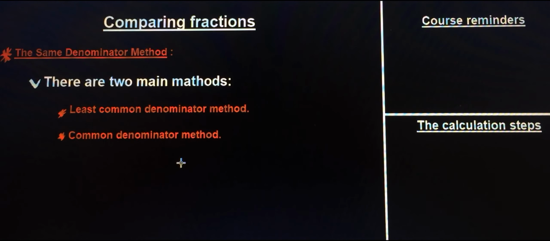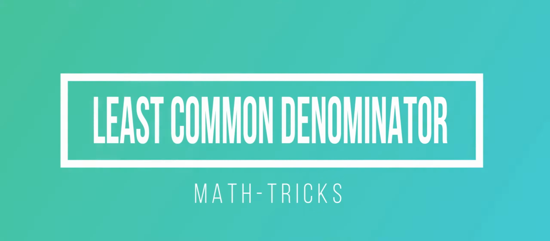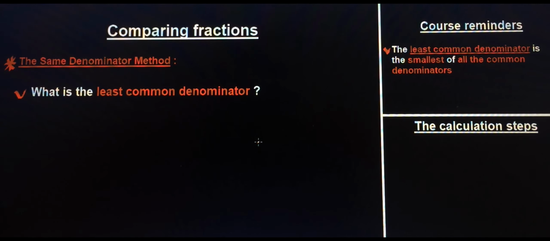Now, if it's difficult to make the denominators the same by using equivalent fractions, there are two main methods: least common denominator method and common denominator method. What is the least common denominator?